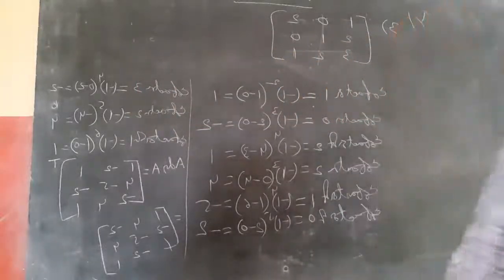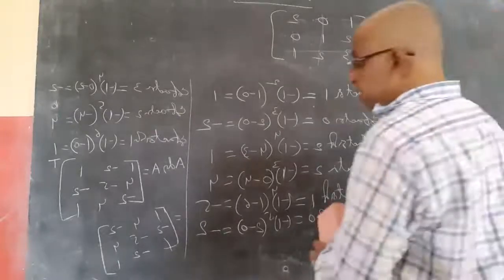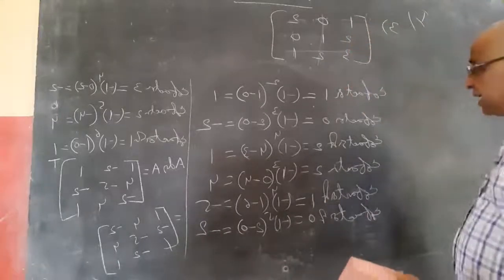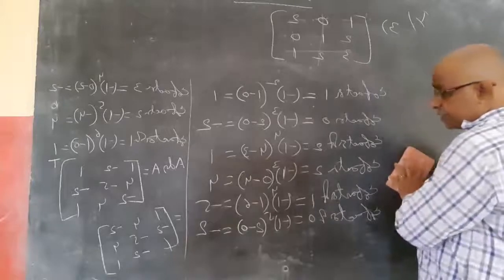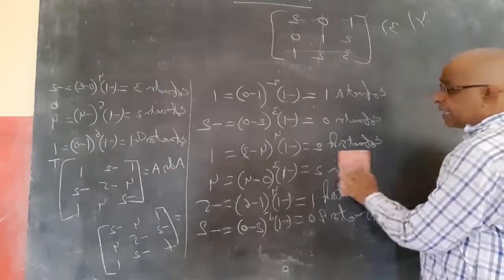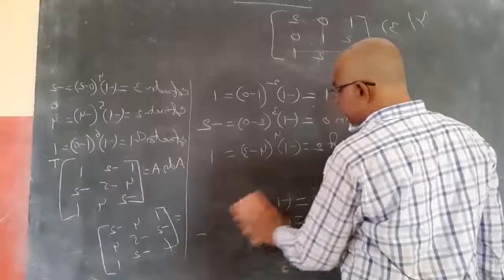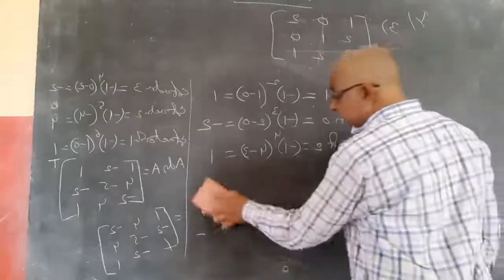Next we need to find A inverse. First of all, for finding A inverse, we need to find det A. Det A means any row or column multiplied by their corresponding cofactors and added together.